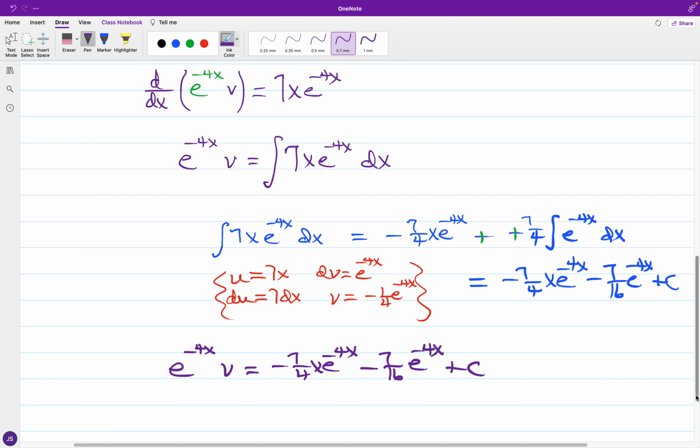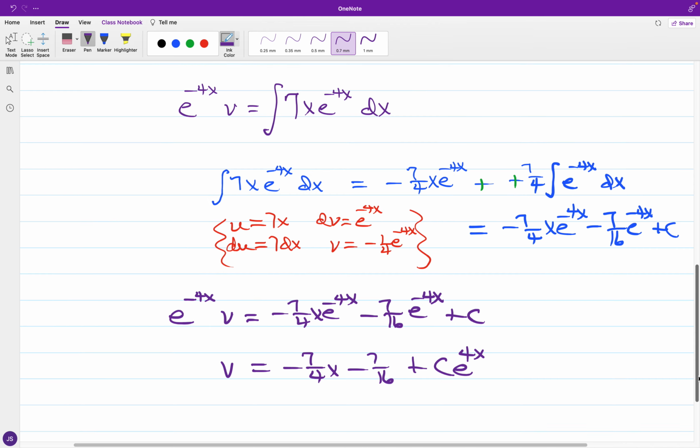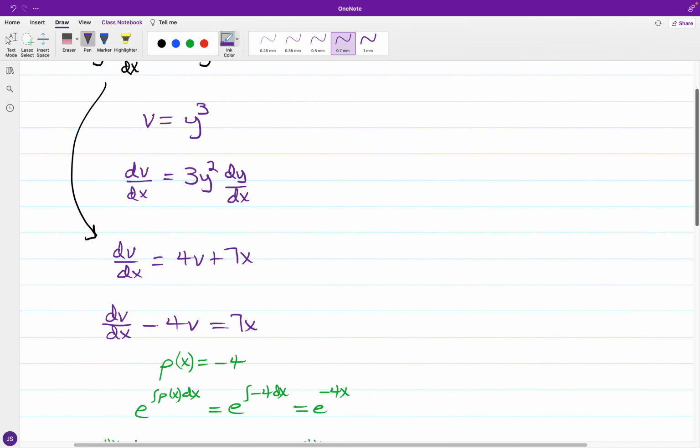followed by the constant. And if we isolate v, we have negative 7/4 of x minus 7/16 plus c times e raised to the 4x. And again, I had substituted v for y to the third.